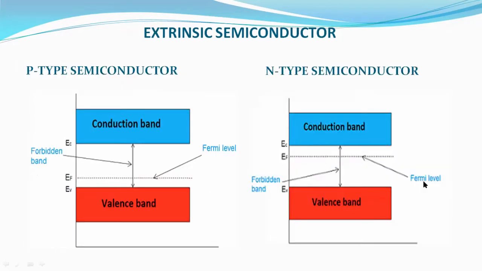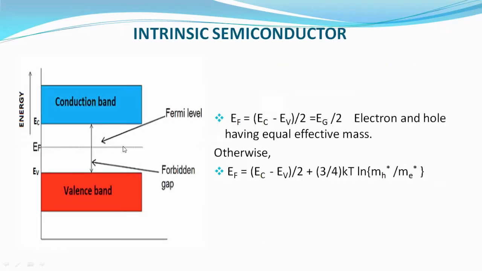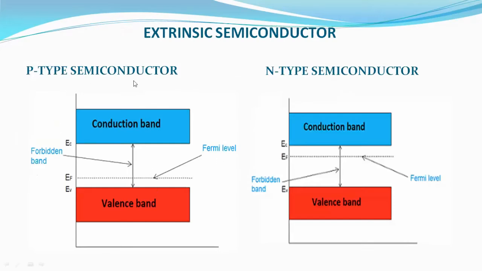That is for an intrinsic semiconductor. But if it is an extrinsic semiconductor, this Fermi level is basically the level of electron energy. All these energy values plotted here are the electron energy measure. So here, if it is a p-type semiconductor, it means silicon or germanium to which you are adding some trivalent impurity, like aluminium. Silicon has 4 valence electrons, aluminium has 3.